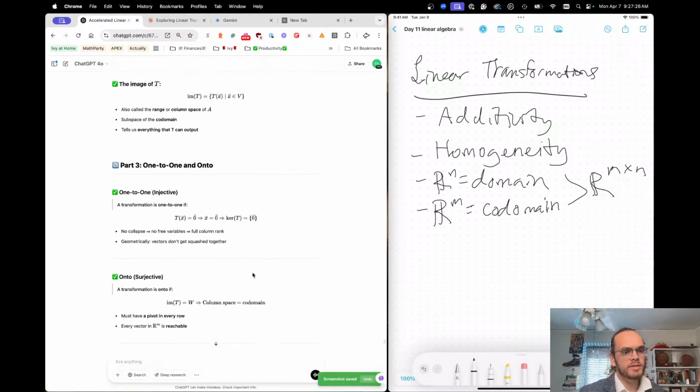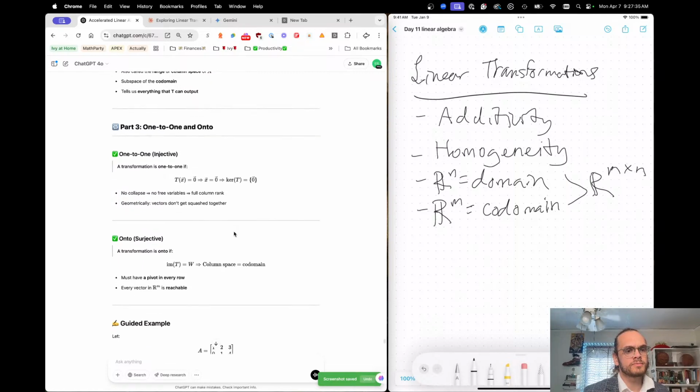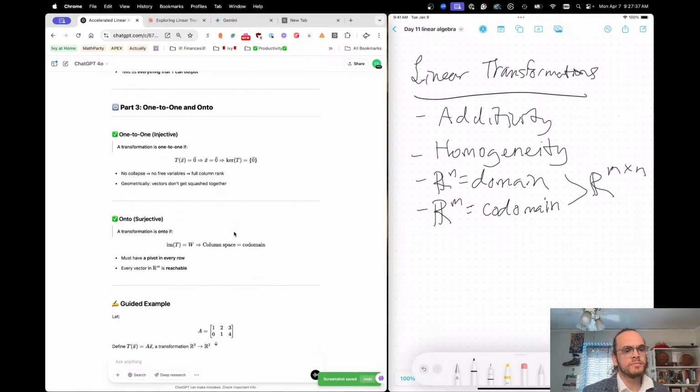All right, one-to-one and onto. A transformation is one-to-one if there's no collapse, no free variables, full column rank. This is injective. I'm screenshotting literally everything here because it seems really information dense and important.